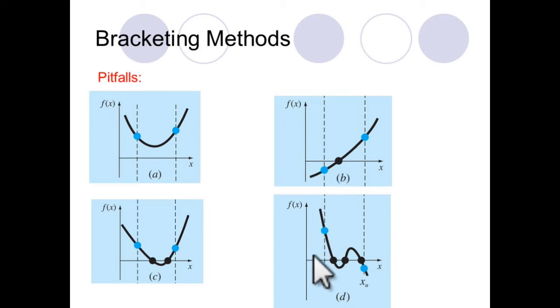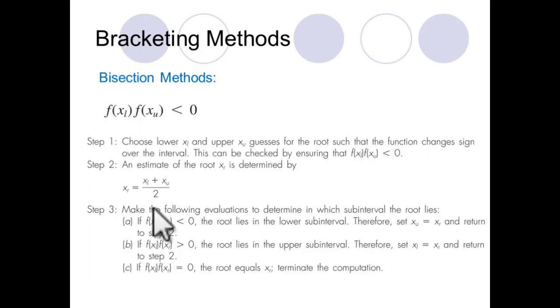Of course, it is the same here, and well, this is a little bit of a pitfall. In fact, you will find a different value here, but anyway, so this is the algorithm, and then we say that okay, then the root lies in the lower subinterval. So what it means, now xr divides the region xl and xu into two separate parts.